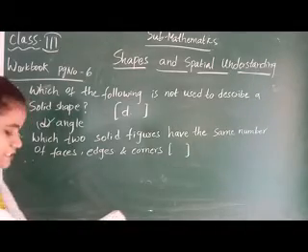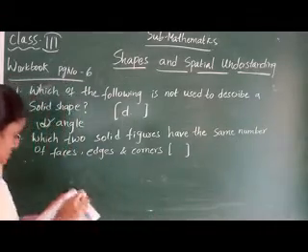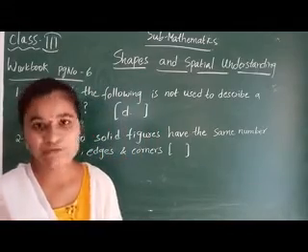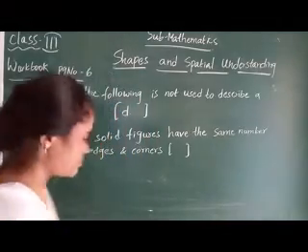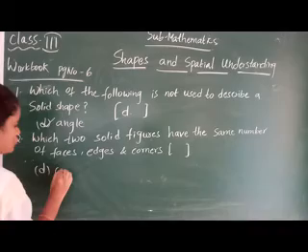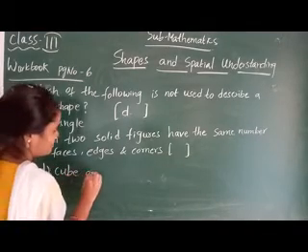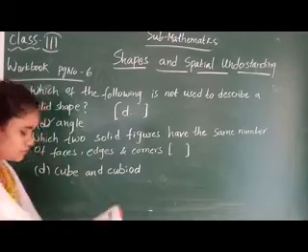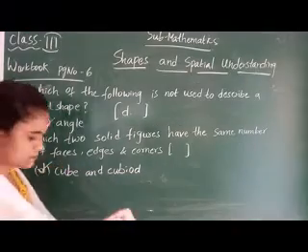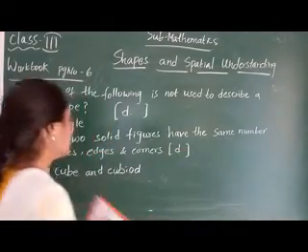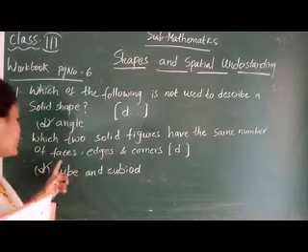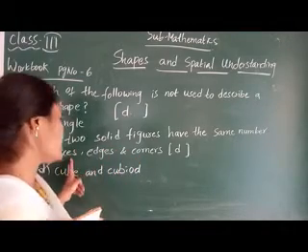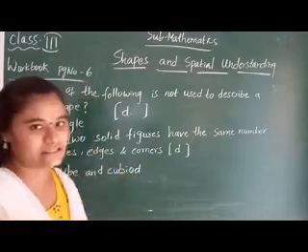See, cone and cylinder have different faces, different edges and different corners. Sphere also. The answer is D, cube and cuboid. In a cube, 6 faces, 8 corners, 12 edges. And a cuboid also has 6 faces, 8 corners, 12 edges.